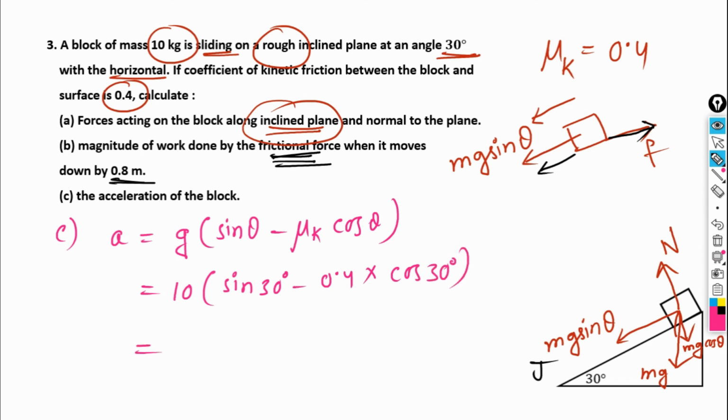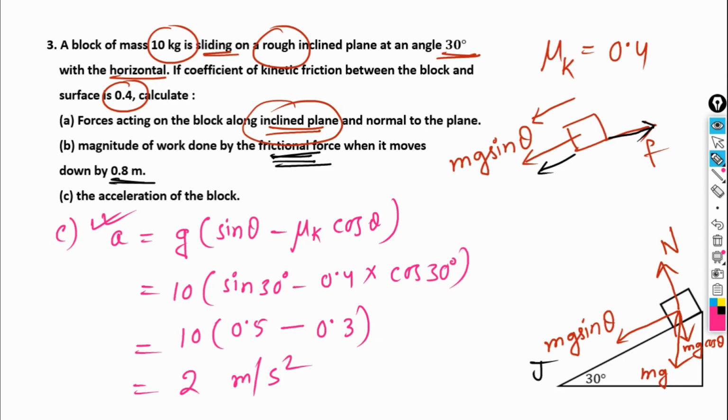Just calculate, you will get the answer. 10 sin 30 means 0.5, minus 0.4 into cos 30, which is 0.3. So 0.5 minus 0.3, into 10, we will get almost 2 meter per second square. Clear? Acceleration is equal to g sin theta minus mu k cos theta. After that, put the values and you will get the answer.